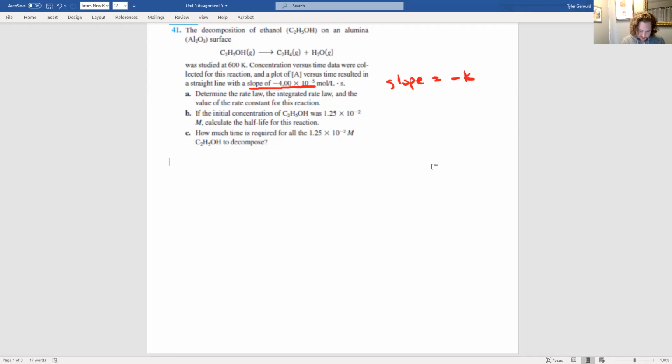It is a concentration versus time. If it's just concentration versus time, that's saying zero order. And I fully encourage you to annotate your questions when you get them on paper in front of you. This is moles per liter seconds.